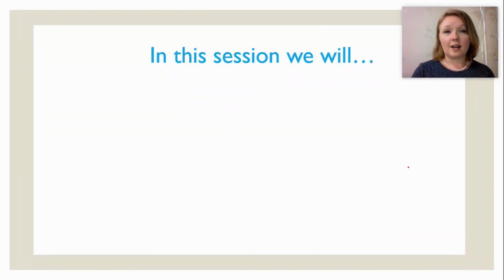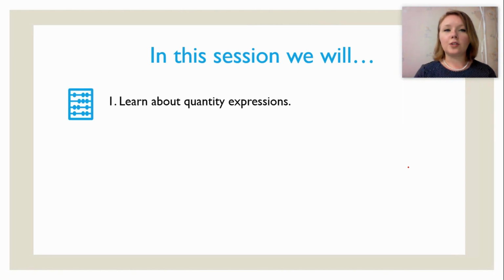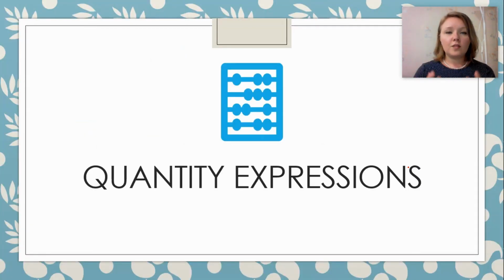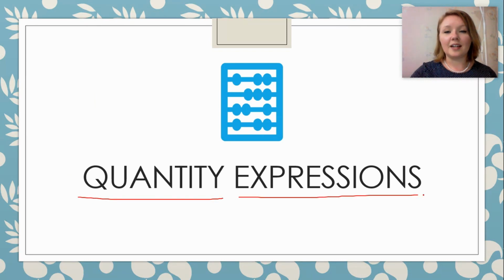We'll start by talking about what our goals are. So we are going to learn about quantity expressions and read about making decisions and stating opinions. First, we are going to talk about quantity expressions. Let's look at these words first.